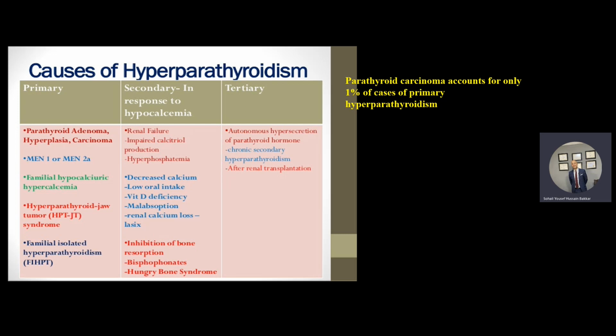So you have high levels of PTH and high levels of calcium, because we have no reason for PTH elevation due to calcium deficiency. We have a new kidney that is functioning well, but the problem is that the glands which used to secrete because of calcium deficiency have become autonomous. And the major clue in the history is that your patient had secondary hyperparathyroidism due to renal failure, and he has now received a kidney.